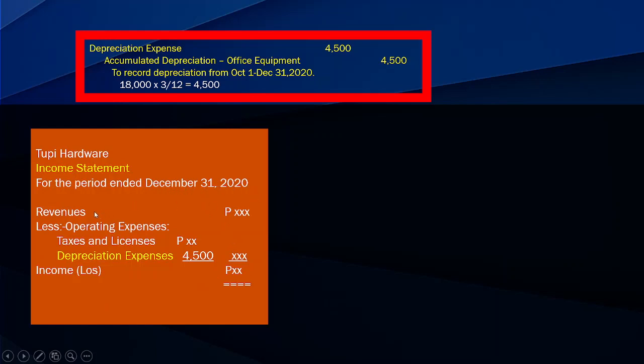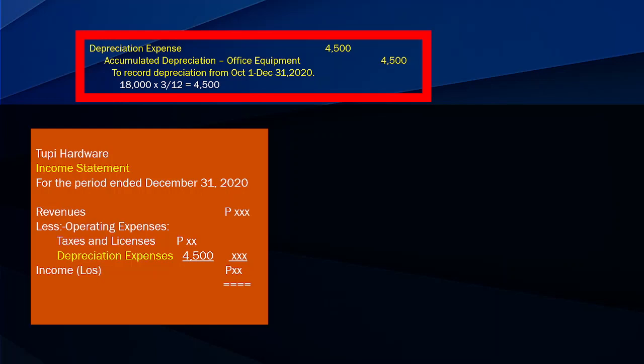We have the revenues as the first line, and we deduct our operating expenses, assuming we have taxes and licenses, and I incorporate the depreciation expense as shown in our previous journal entries, so it must look like this. So we have either income or loss. Correction please, additional S, alright?